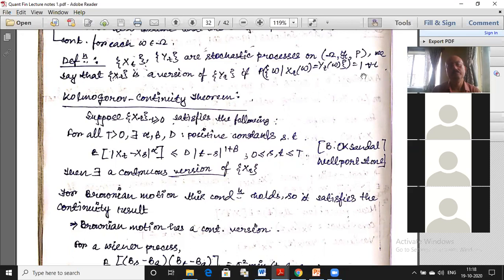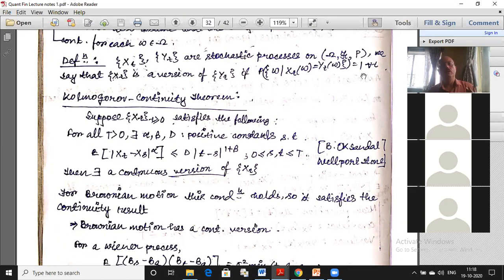What is the implication of this version? I mean, why do we need this? We could have worked with the Brownian motion itself. So why are we taking its version?